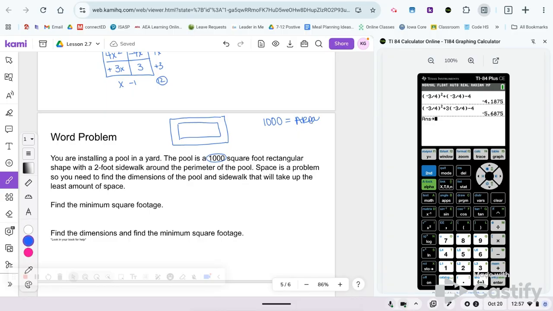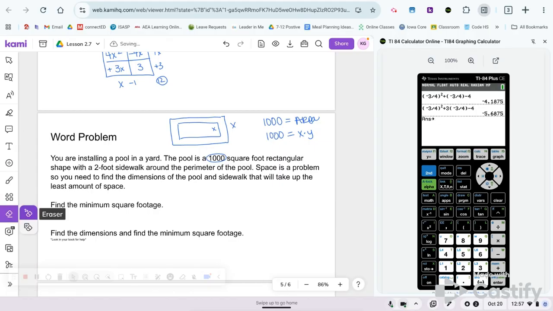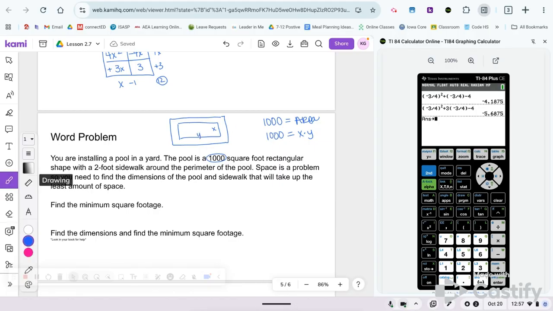So I'm going to let 1,000 equal x times y. So I'm going to let this be x, and nope, right here be x. And this be y. But I need it only to be in terms of x, so I'm going to say that y is equal to 1,000 divided by x.